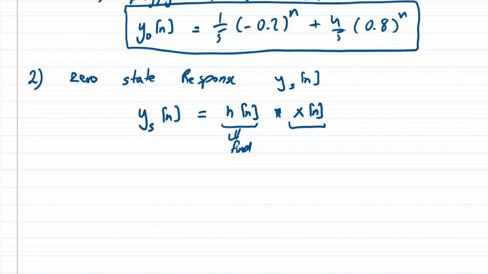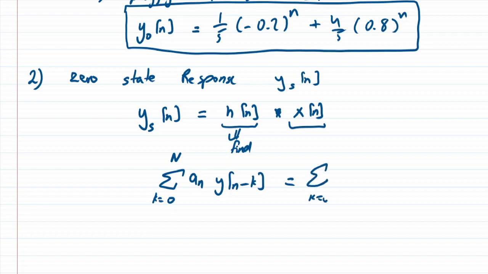And for this, there is a formulation again in the book Linear Systems and Signals by Lathi, where we define the input-output difference equation in a generic sum form: the sum over k from 0 to capital N of a_k y of n minus k is equivalent to the sum over k from 0 to capital N of b_k x of n minus k.